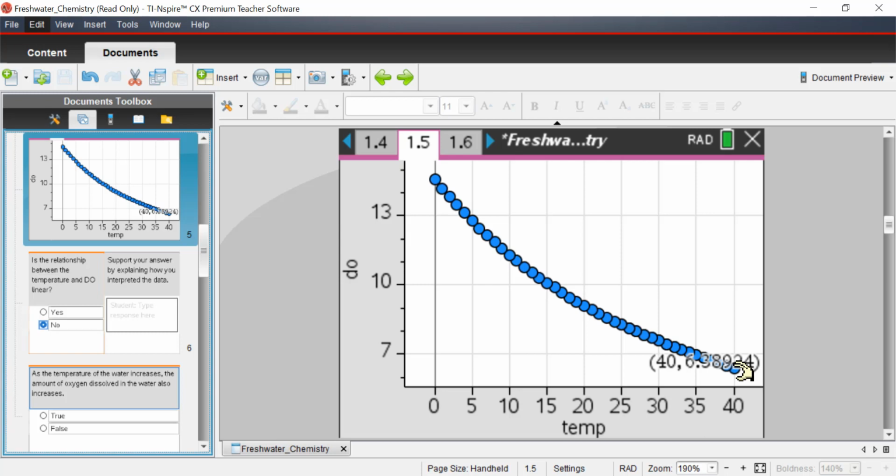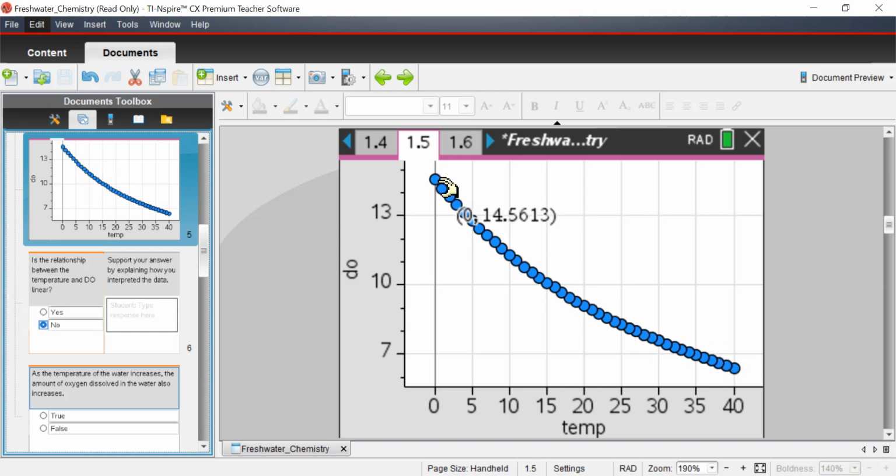So we're just going to round this up to 6.5. So you're looking at an 8 part per million change over a 40-degree temperature change. And so the data, it's not straight like a straight line. It has a subtle little curve to it.